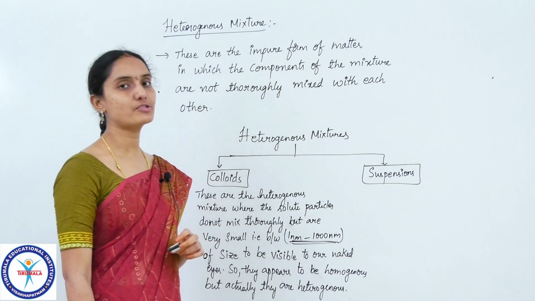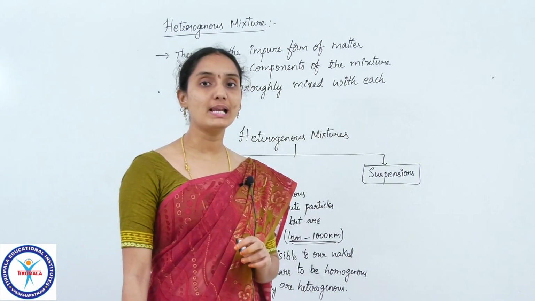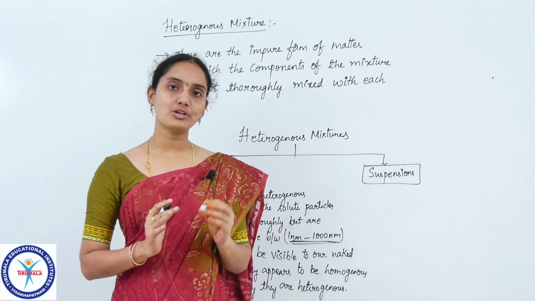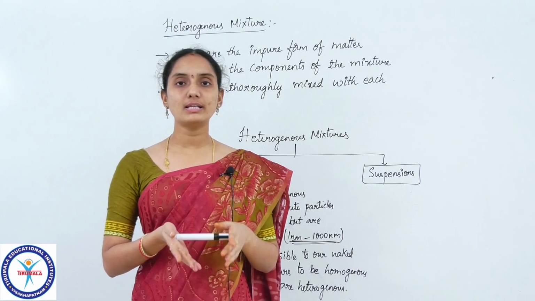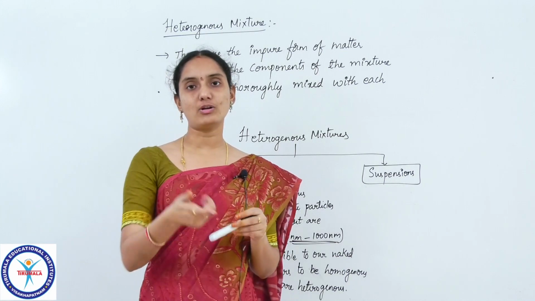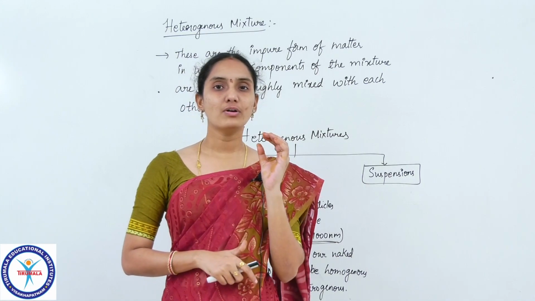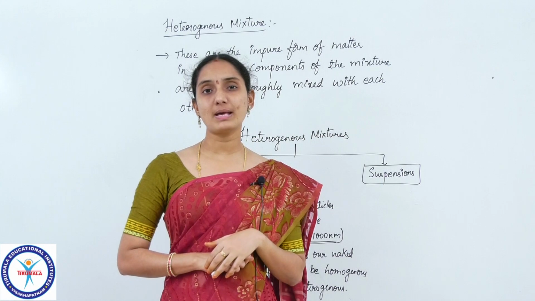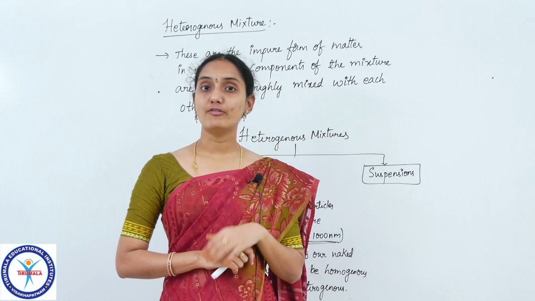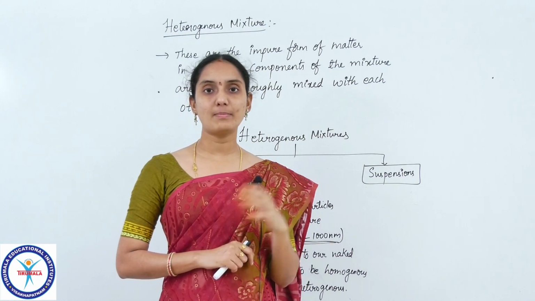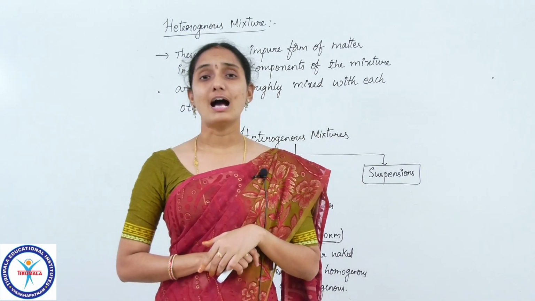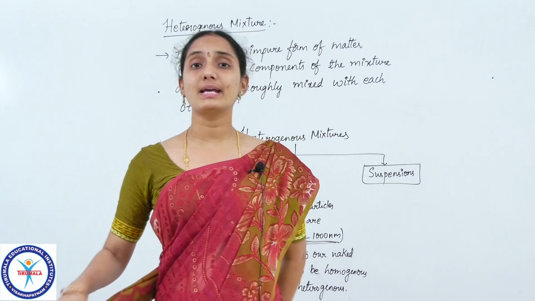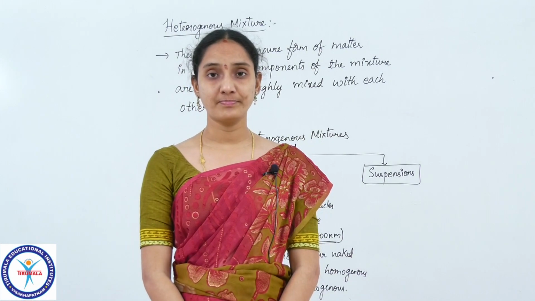An example for such type of solution is milk. If you see milk solution, it seems to be homogeneous, containing no other components in it, and thoroughly mixed with each other. But if you carefully observe the milk solution by focusing or scattering light upon it, then you can observe the milk particles that are scattered in the milk solution.